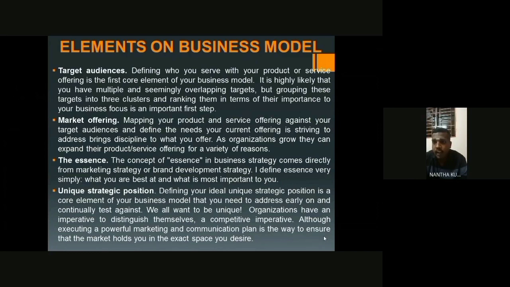Okay, market offering also is one of the important element because after we get the feedback from our audience, we need to offer the market, we need to do something in our market, then only the customer will find us because they know what we want to sell and what is the mobile phone that we want to sell, what is the good of the mobile phone that we want to sell.